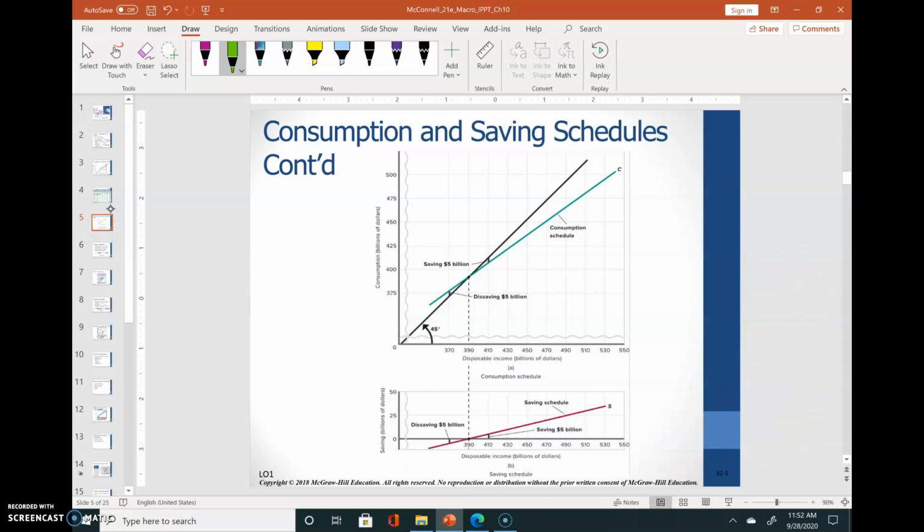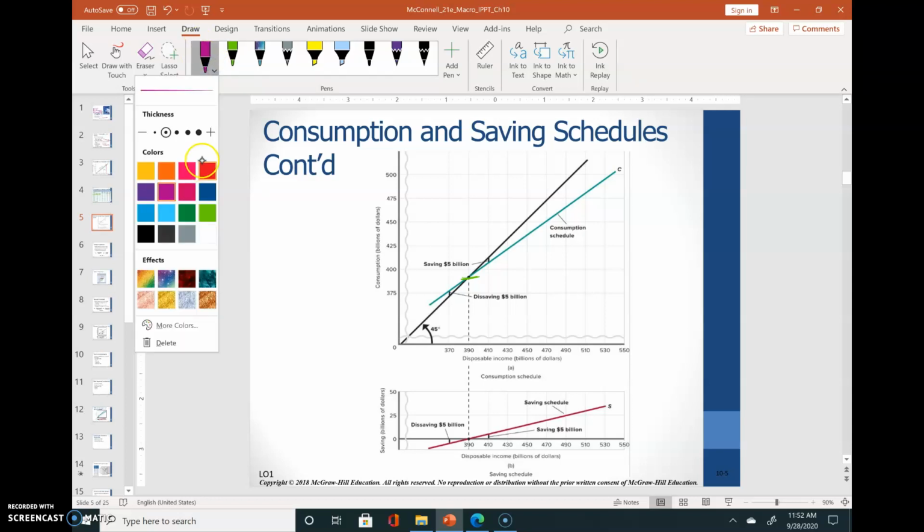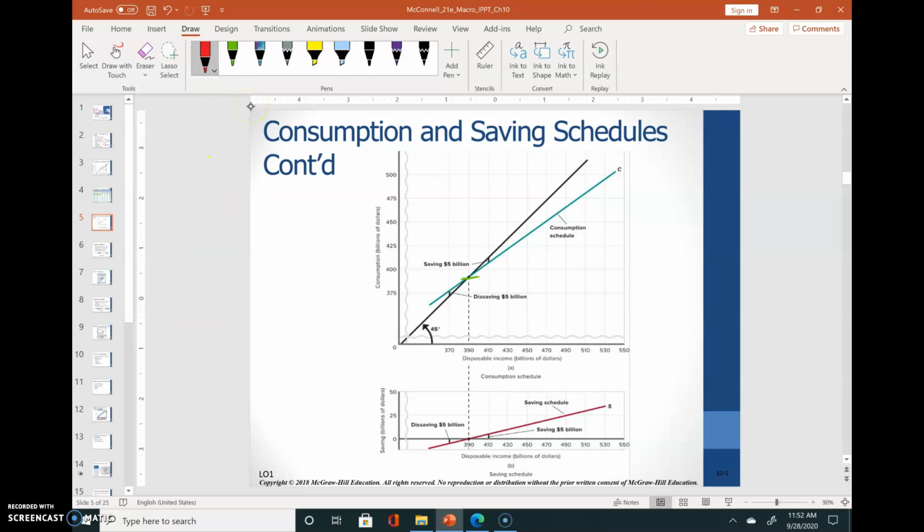Now take a look at this graph here where we have the consumption and the savings one after the other. This is the break-even point, and I see the consumption schedule is here, and the red line, this one is my savings schedule. So right now I'm going to compare the consumption schedule and the savings schedule.